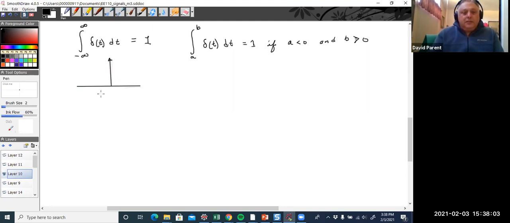So if that's the delta function, and I have A and B just on either side of 0, and I take my integrating process and integrate over this infinitely thin and infinitely high shape, the area under that is 1.